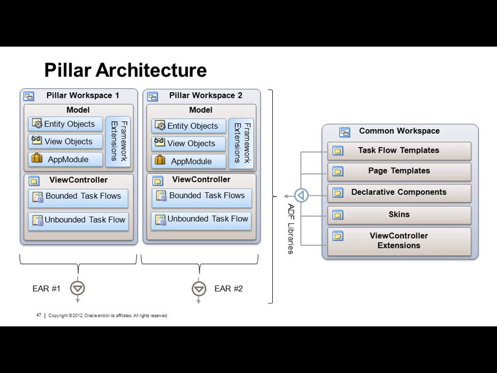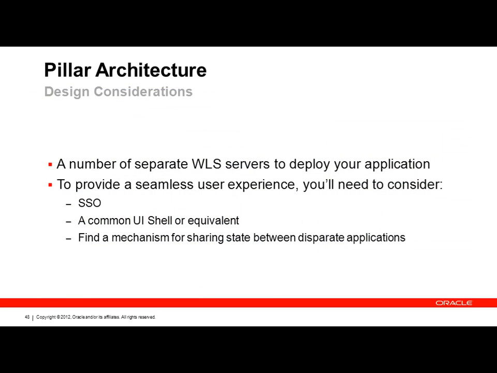They don't necessarily need to go on the same WebLogic server. They can go onto different WebLogic servers or different WebLogic server clusters. From a design point of view, we're separating this into separate applications, maybe separate WebLogic servers, but from the user's perspective we want to make it feel like it's all one application.